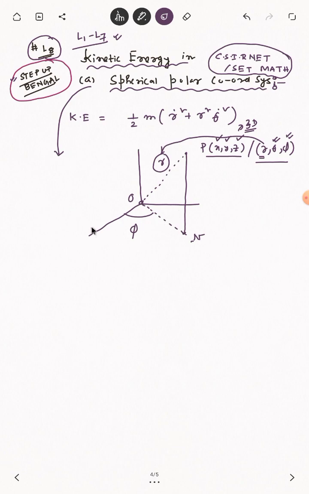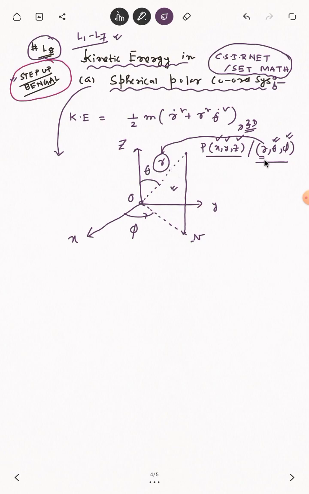What is phi? Phi is its angle with the x-axis. If we consider this triangle as a plane section, then phi will be this angle. And there is another angle already created by this figure: the angle OP makes with the z axis, that is called theta.